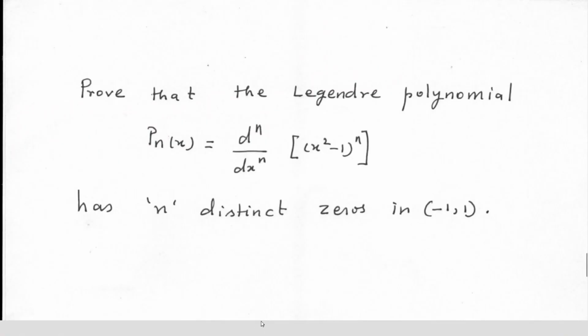So prove that the Legendre polynomial P_n(x), the nth derivative of (x square minus 1) to the power n, has n distinct roots, n distinct zeros in minus 1 to plus 1.